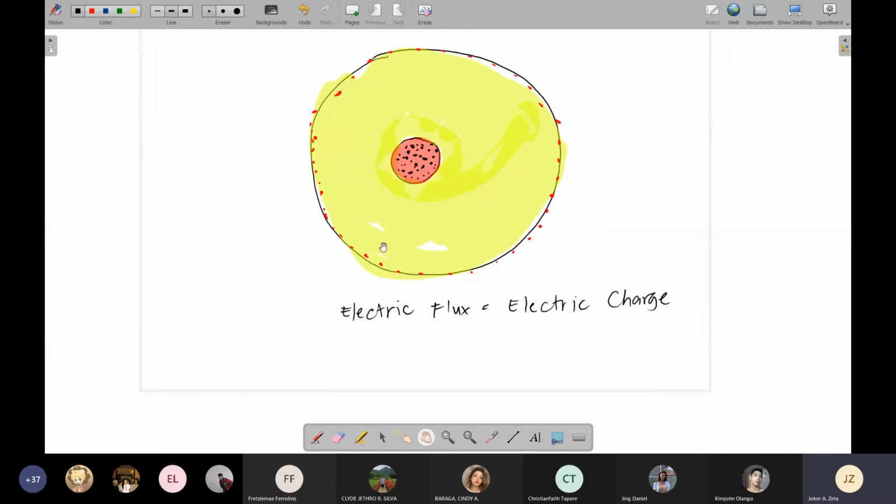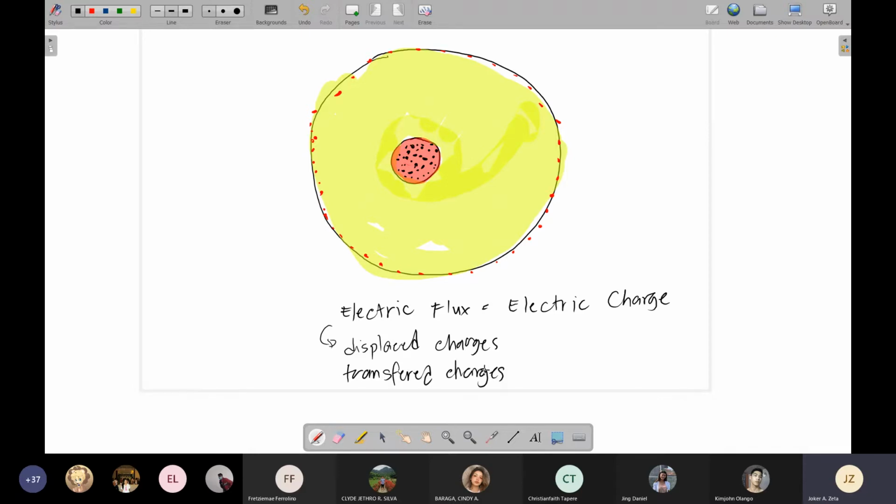Since the charges in the outer sphere were not the original charges present in that outer sphere, but instead the original charges present in the inner sphere, it's called electric flux, meaning these are the displaced charges or transferred charges.